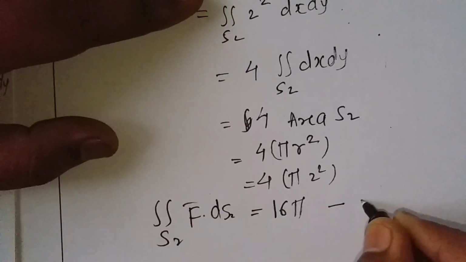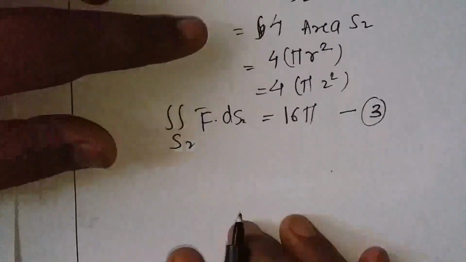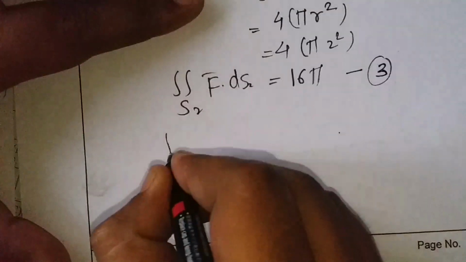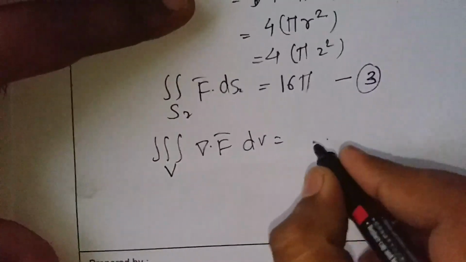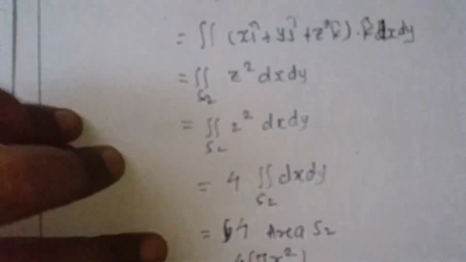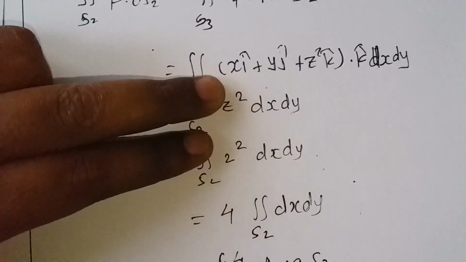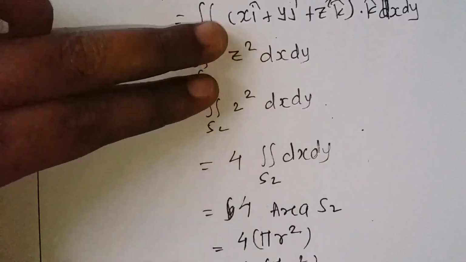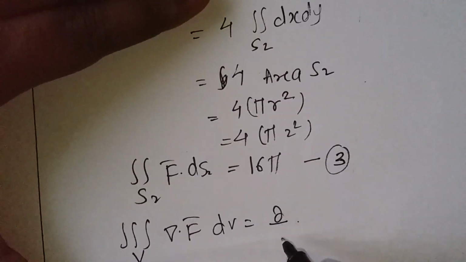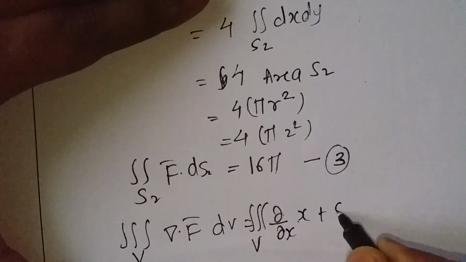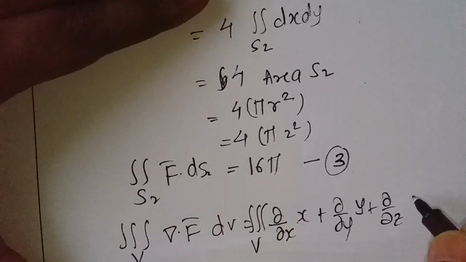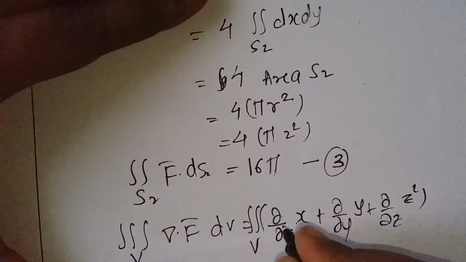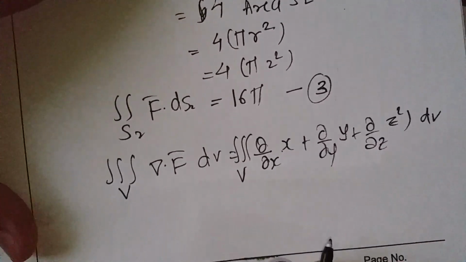Give this equation number 3. Now the third integration remains to be calculated, the triple integral over V of the divergence of f bar dv. Let us calculate the divergence of f bar, where f bar is xi plus yj plus z square k. The divergence is del by del x of x, plus del by del y of y, plus del by del z of z square, and dv is dx dy dz.